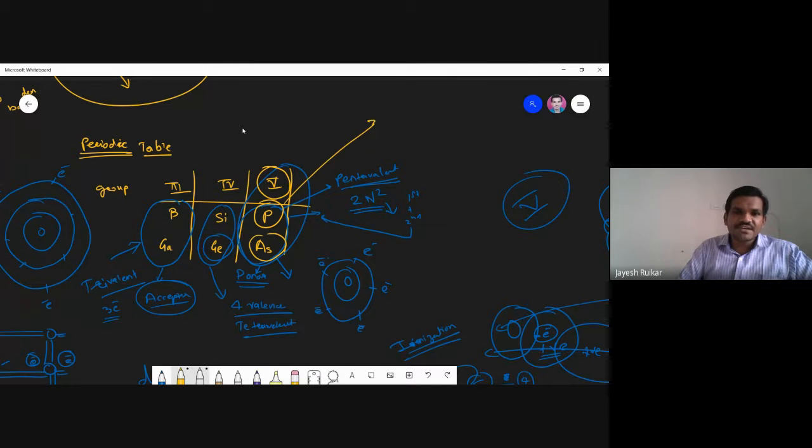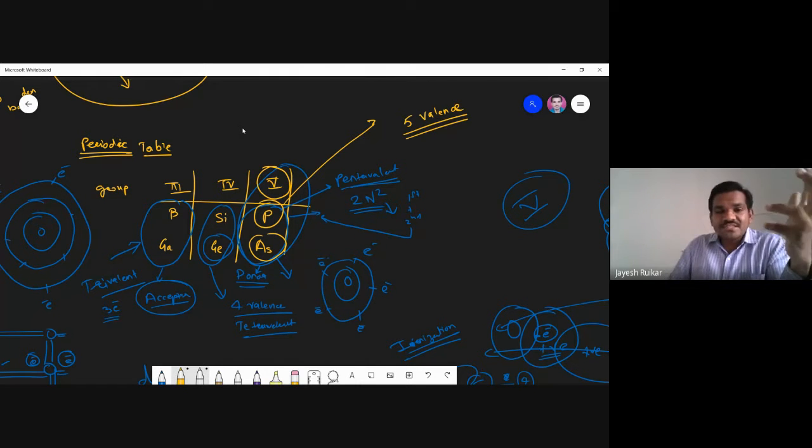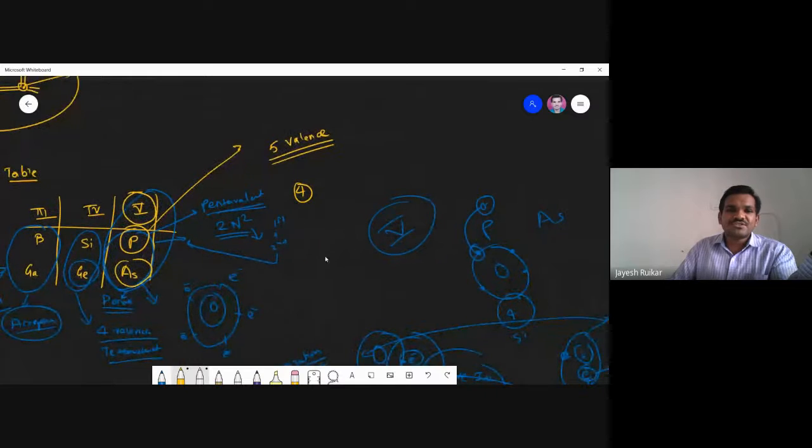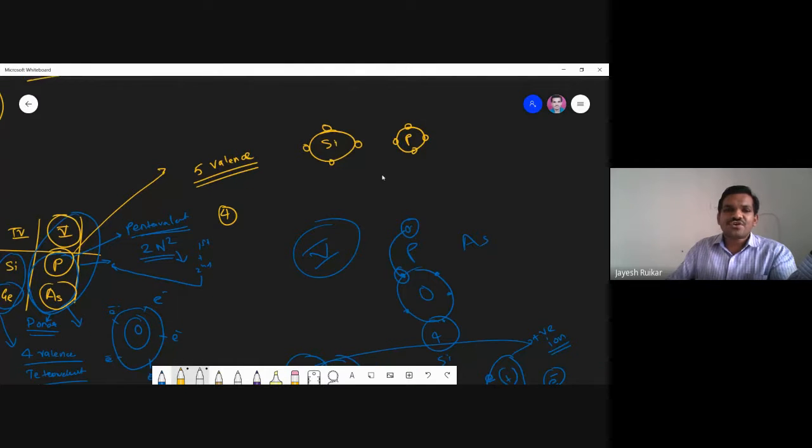Group 5 elements have 5 valence electrons in the outermost shell. We need to form covalent bonds with 8 electrons, so 4 electrons from one silicon atom. Silicon has 4 valence electrons in its outermost shell. If we start adding phosphorus, which contains 5 valence electrons, these are the 4 valence electrons, and it has one extra electron.